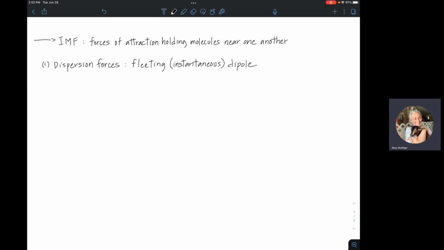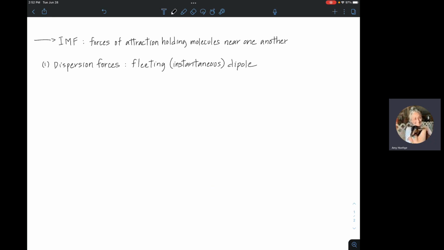So for example, you could have all of the electrons in an argon atom all of a sudden just move over to one side of the atom. And so on that side of the atom, a partial negative charge has built up. On the other side, where they've left, you have a fleeting partial positive charge. That's a dispersion force.